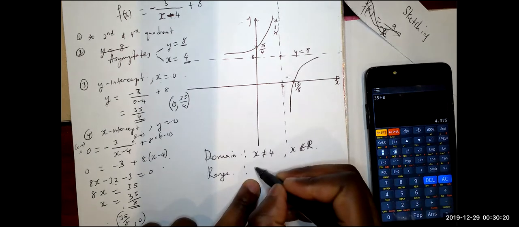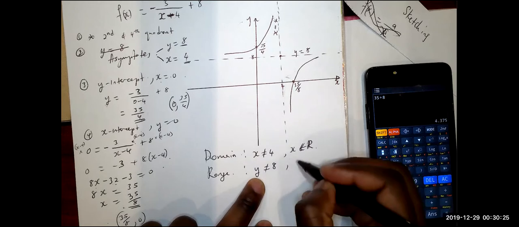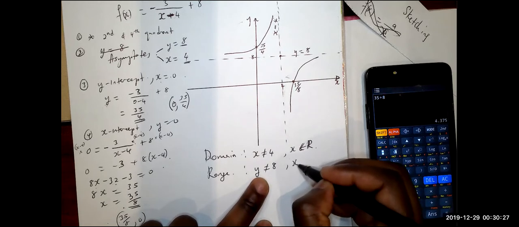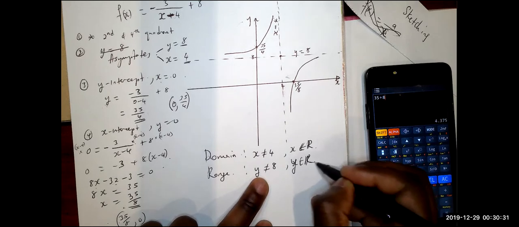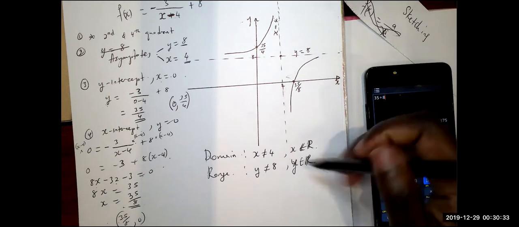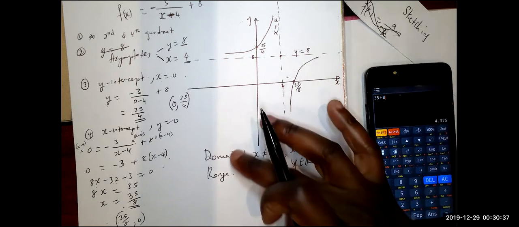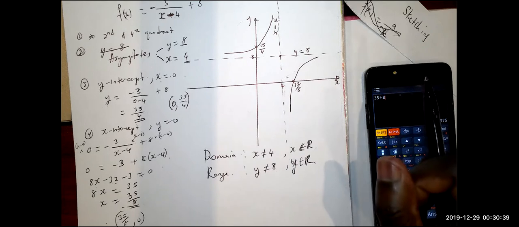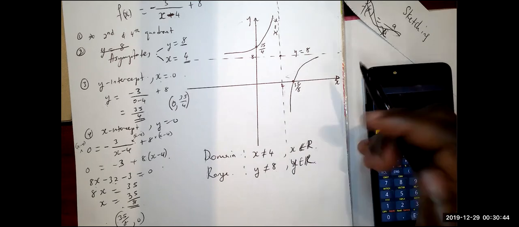So we're going to say y not equal to 8, and y is an element of real numbers. So it satisfies all real numbers except 8, and x except 4 in this case. That's our domain, that's our range, that's what you're supposed to do. That's all you need to understand when you're doing your sketches.